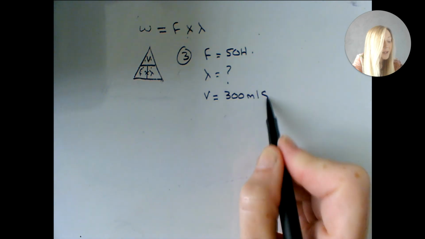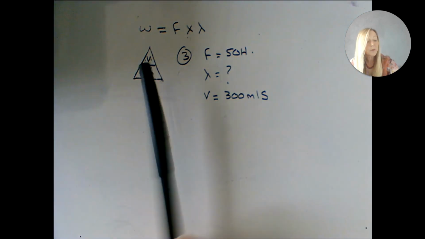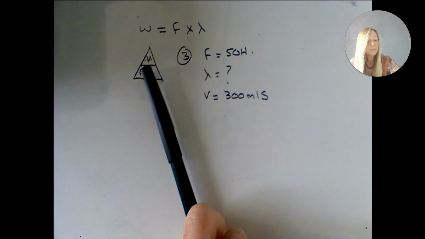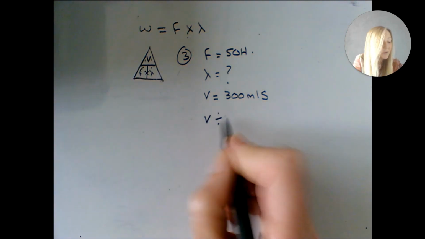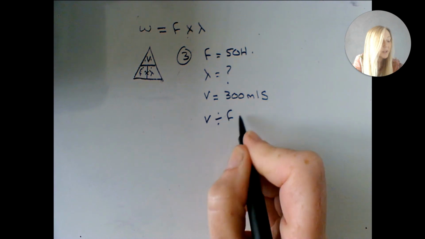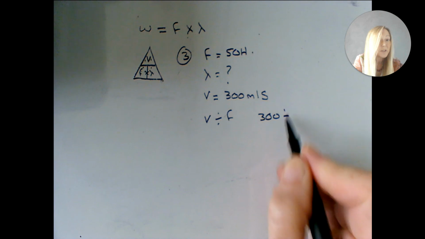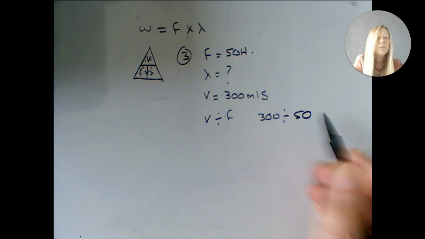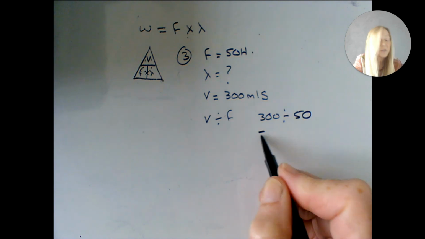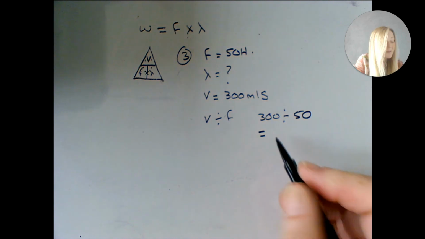So again, we cover up the one they're asking, and we're left with velocity divided by frequency. So that's 300 divided by 50 Hertz, which gives us 6 meters.